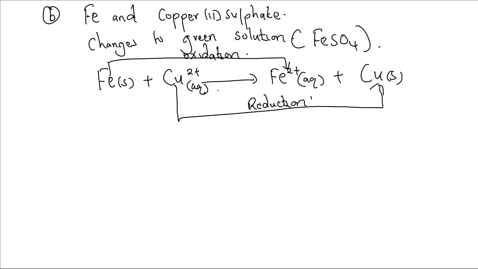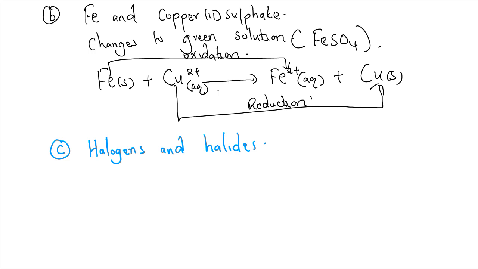Another scenario, you can have reaction between halogens and halide ions. For example, when chlorine is bubbled into colorless potassium bromide solution, the solution turns orange due to formation of bromine liquid.